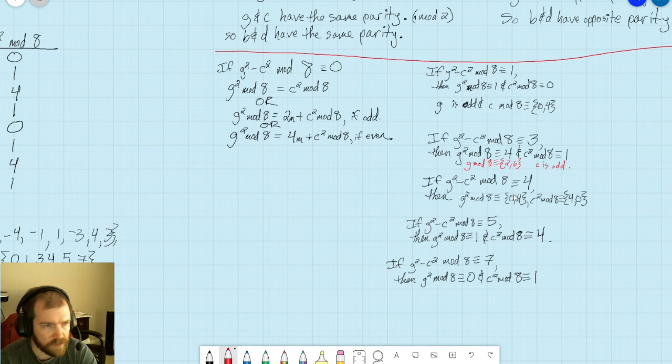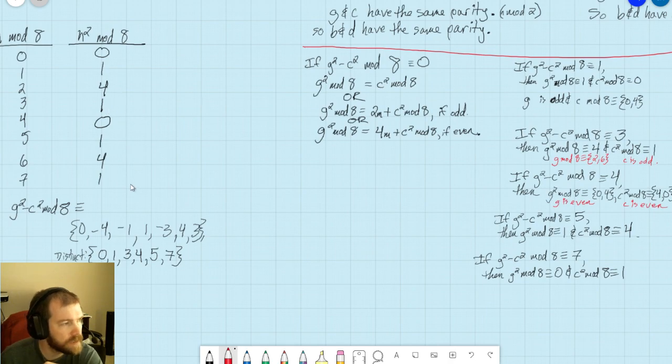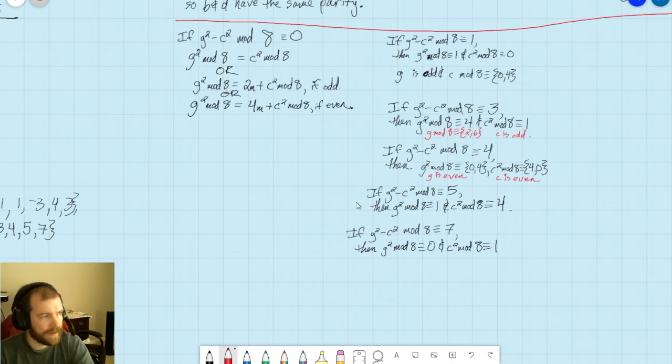G squared mod 8 is either 0 or 4, so it's even. G is even. And C squared mod 8 is also even, but the opposite kind of even number. Is it divisible by 4? Either it's 0 or 4, or it's 2 and 6. Aha.